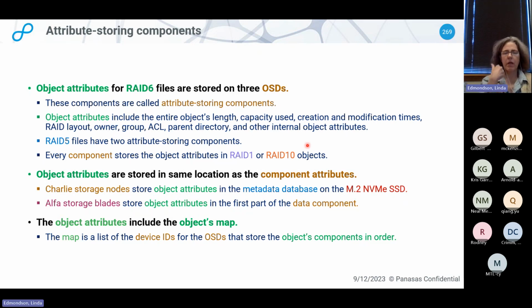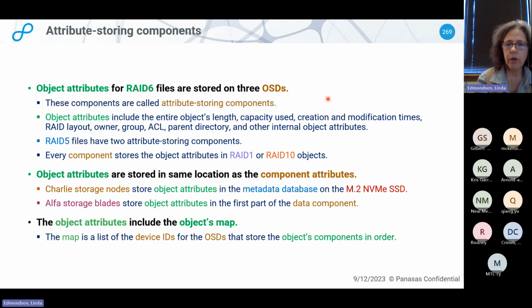These are, in addition to the component, the entire object's length, the capacity used, the creation and modification times, the RAID layout, the object's owner group, the ACL, the parent directory, and some other internal attributes.